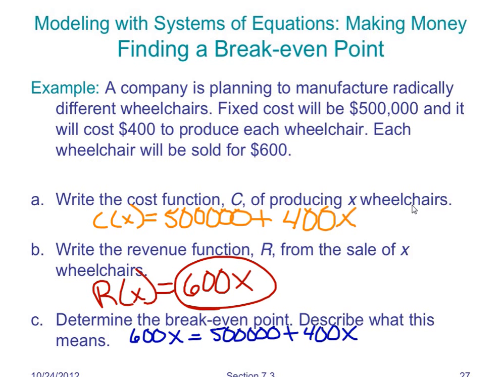I'm going to solve that, subtract 400x. I'm left with 200x equals 500,000. Divide by 200, and you get x equals 2,500.